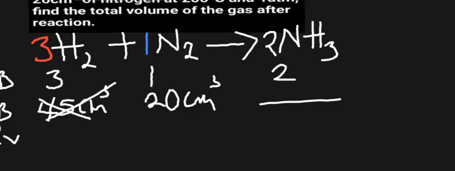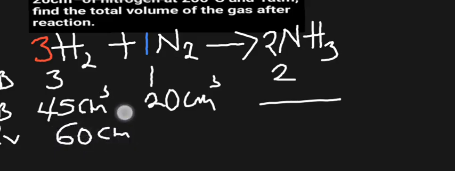So let's cancel 45, multiply 3 by 20 and divide by 1. That will give you 60. So 20 times 3 is 60 cm cube. Because I cancelled the 45 and did the cross multiply, let's do the same thing for this side. I will cancel 20 and say 45 times 1, then divided by 3. So always cross multiply, and that will give you 45 times 1 is 45, divided by 3 is 15 cm cube.